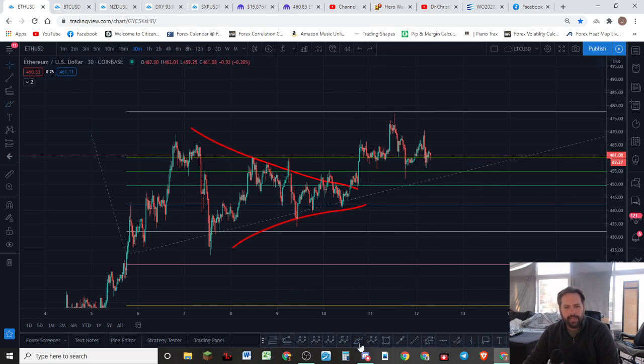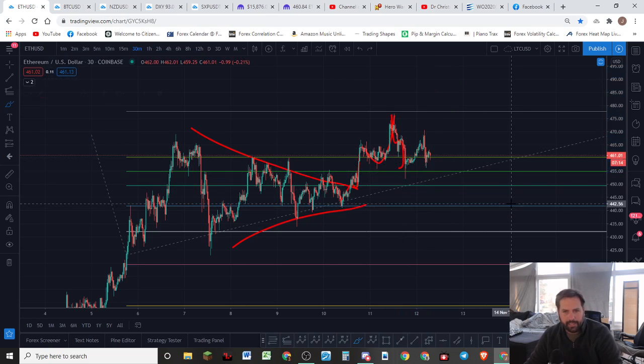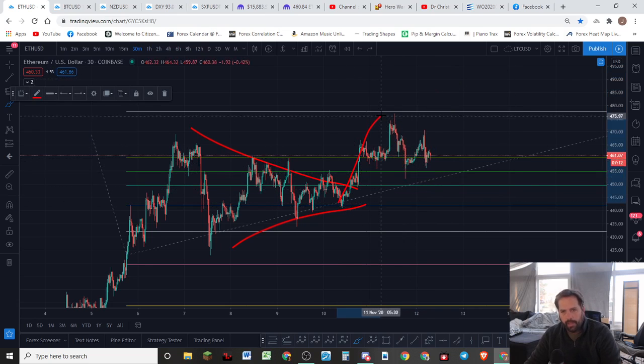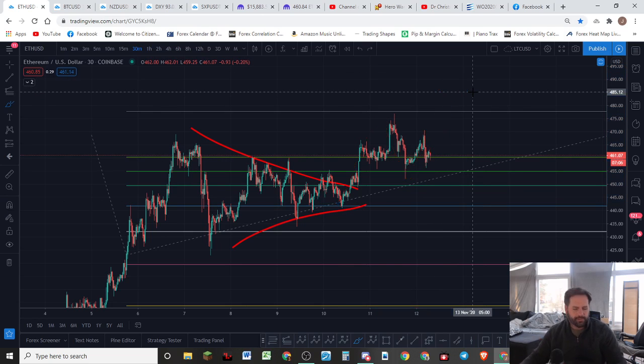So what we actually got then was a finished five-wave structure here, 1, 2, 3, 4, and there's the 5th wave, and we got a three-wave pullback. We're looking at this saying, okay, is this a 1, 2, and we're ready to go on up to the moon? That's a possibility, guys. This is a 1, there's a 2, now we got a 1, 2, and we're going to head up. So there's the bull scenario, and yesterday's targets are still in play.